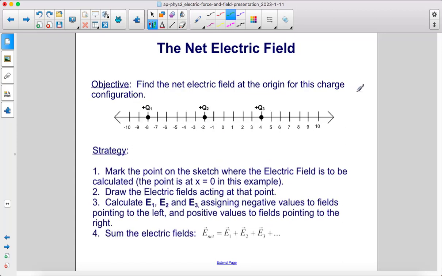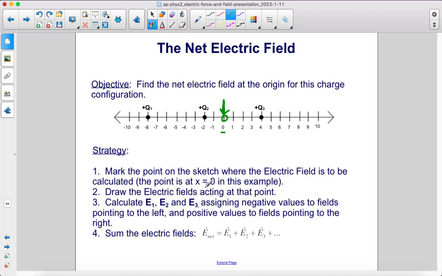Our objective is to find the net electric field at the origin for this charge configuration. So this is the location we care about. Mark the point on the sketch where the electric field is to be calculated. So that's what I've done here. It's this point right there, the origin.